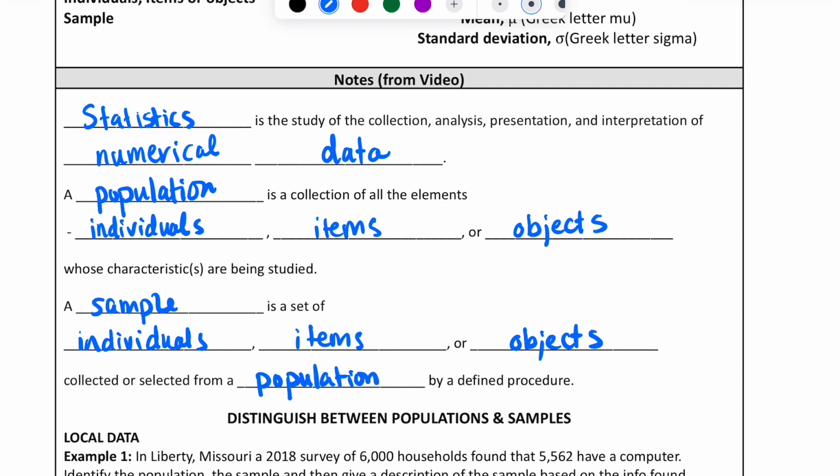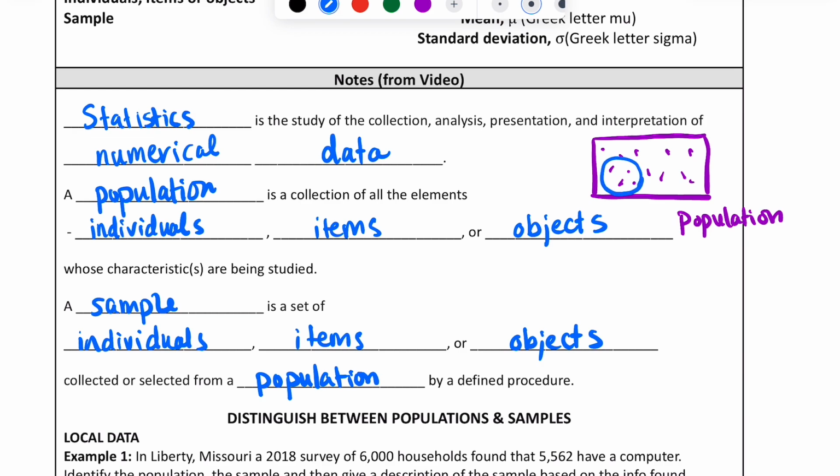So, for example, if I have a full group and I take all the different elements of that group so that I can study them, then that is the population. But since it's usually hard to get everybody, if I just take a small group of that population, that is going to be our sample.